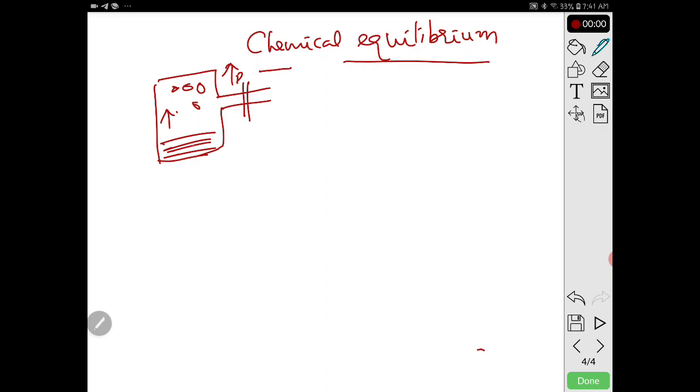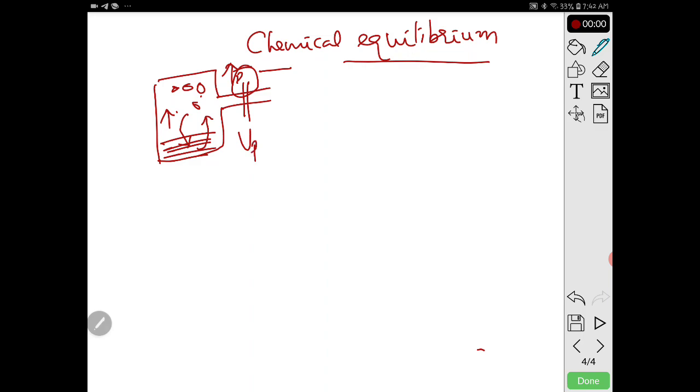The movement of molecules from the liquid state to the gaseous state happens to an extent, and to the same extent the vapor molecules get condensed to give liquid molecules. So the rate of conversion of liquid molecules to vapor molecules is exactly equal to the rate of conversion of vapor molecules to liquid molecules at that moment. The pressure recorded by the barometer at that instant is what we call vapor pressure.